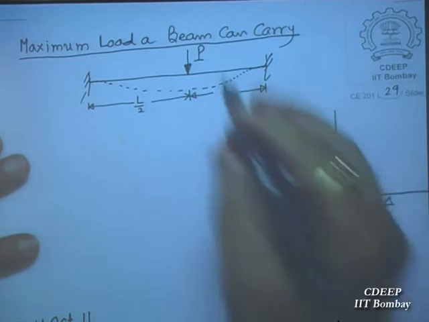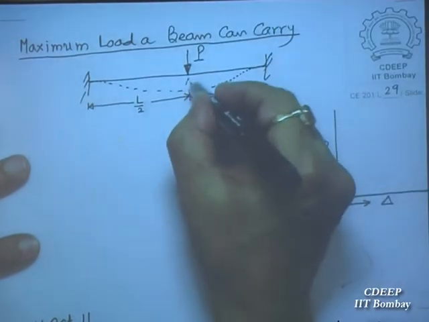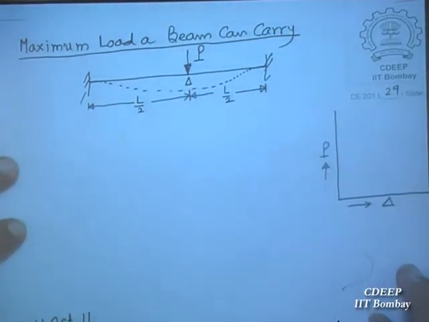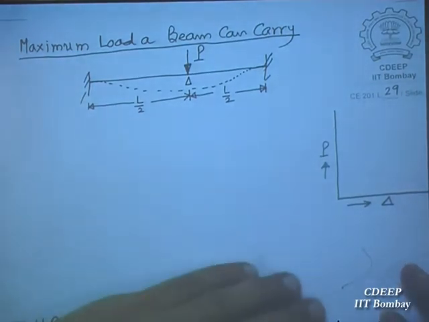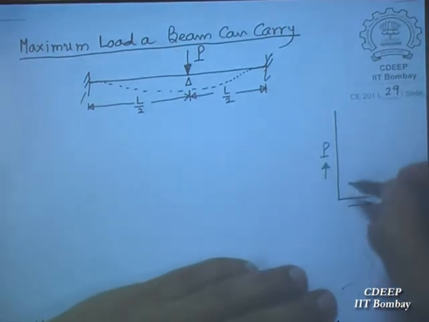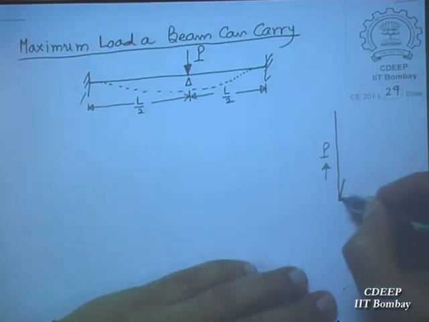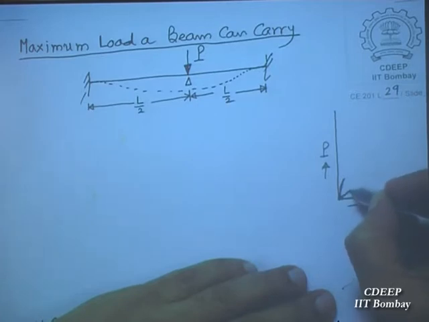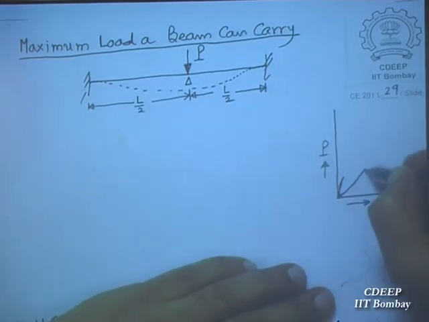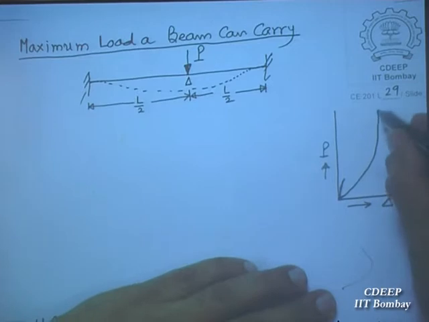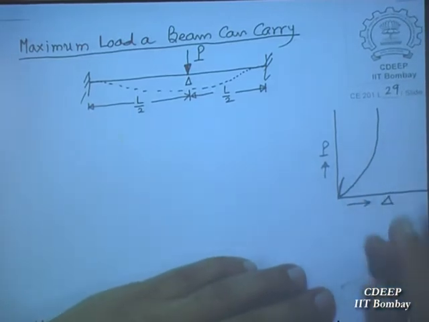If you take this deflection delta under the load and plot it, it can be linear here and then something like this. P delta curve.